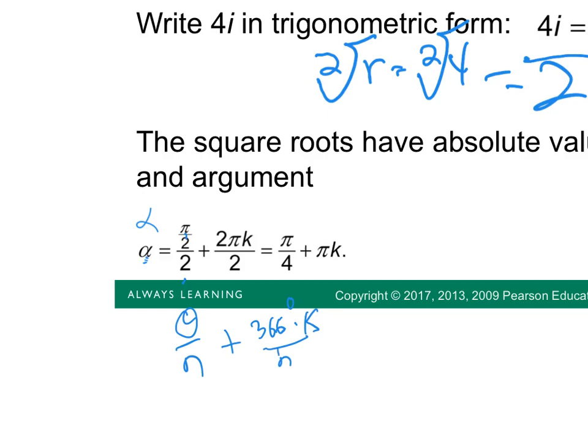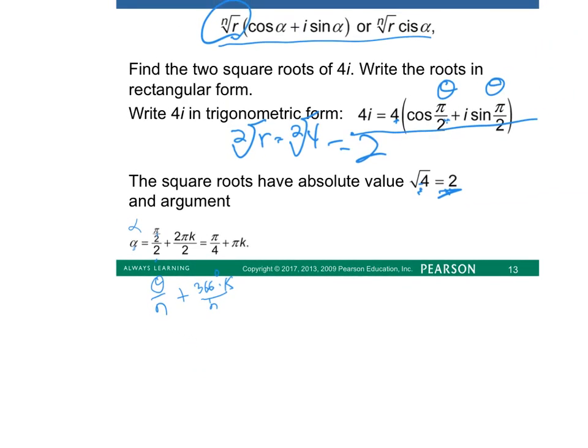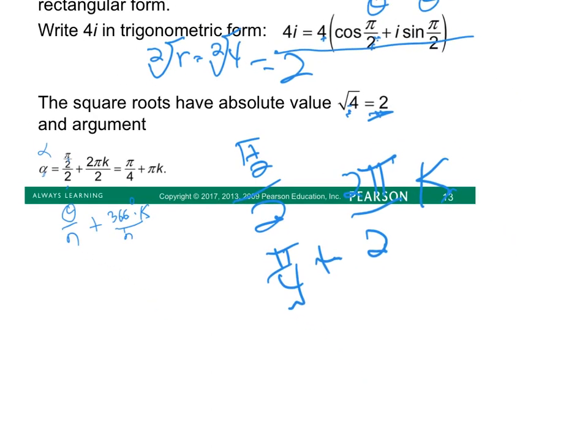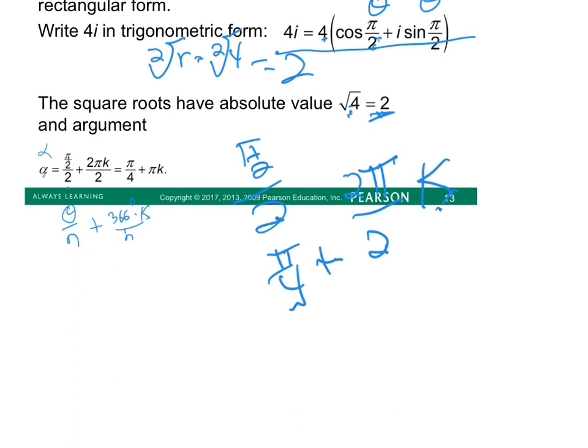So when I divide my theta, which was pi over 2, divided by 2, that gives me pi over 4, plus 2 pi that I had divided by 2 times k. How many k's am I going to use? I'm going to need 2. So this simplifies to pi over 4 plus pi k.